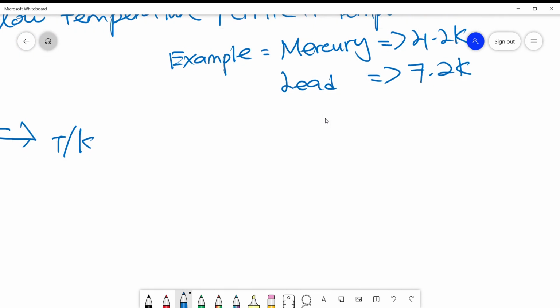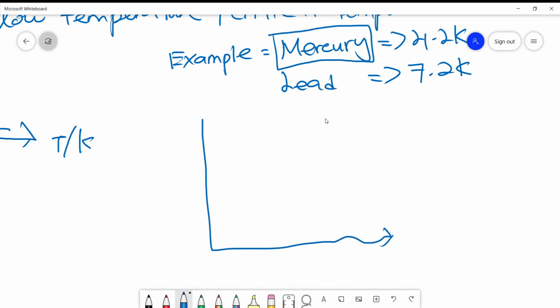Let's say I take mercury as the example. For the graph of mercury, this is the T, and this is R. What we get here is this is 4.2, of course. So this is a straight line, and after that the temperature will increase uniformly.